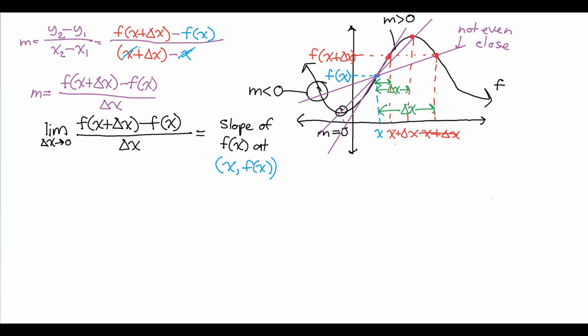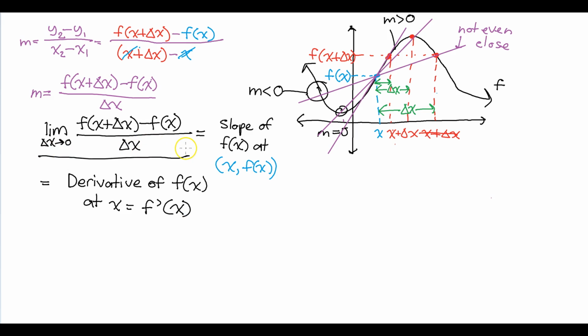Okay, and this is a key tenet of calculus and is known as the derivative of f of x at x, which you can write as f prime of x. f prime of x is basically this, evaluated at x. Okay? And we're going to actually get to see how you actually evaluate a derivative for a function in the next video.